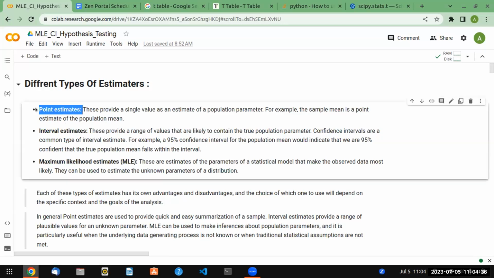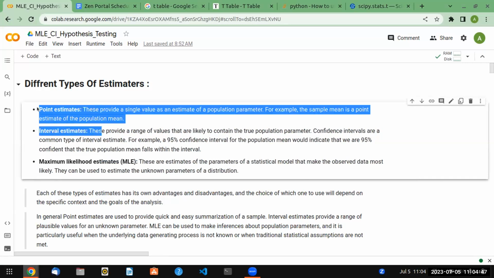So instead, you summarize what you understand by point estimate and what you understand by interval estimate. Forget about MLE. Tell me about this. When are you going to use these two, in which scenario? What do you mean by point estimate and what do you mean by interval estimate?